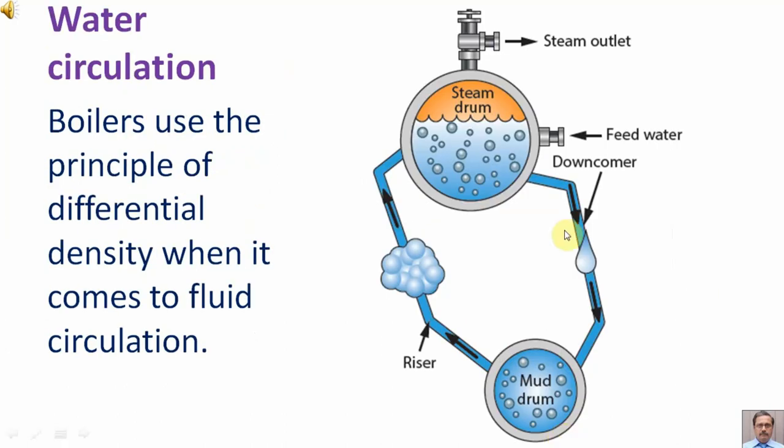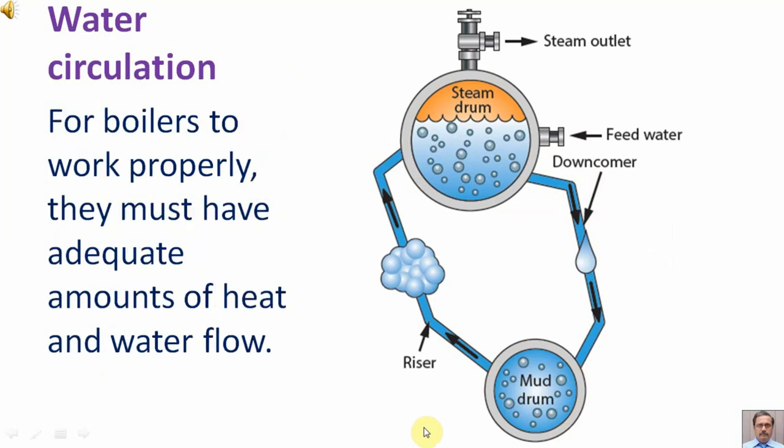Water circulation. Boilers use the principle of differential density when it comes to fluid circulation. For boilers to work properly, they must have adequate amounts of heat and water flow.